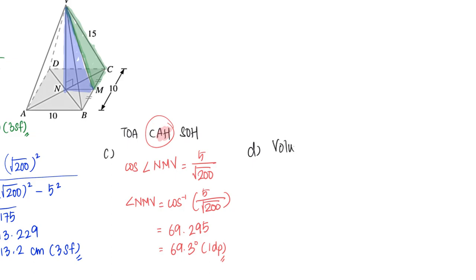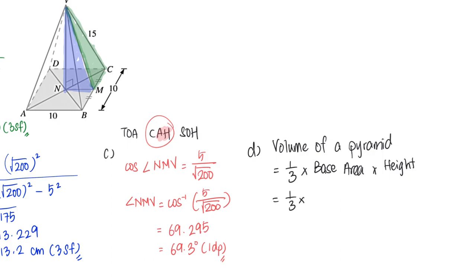For volume of a pyramid, if you don't already know, it is actually 1/3 times the base area times the height of the pyramid. So I will have my 1/3, my base is a square, 10 times 10, and my height is my VN, and we have gotten VN just now previously.